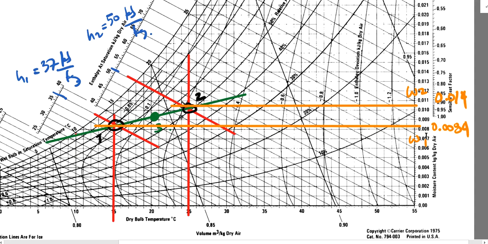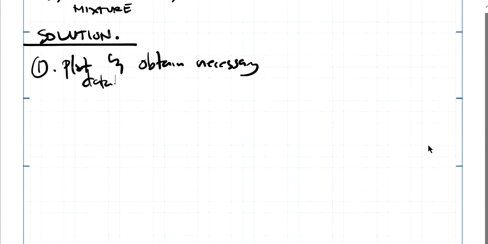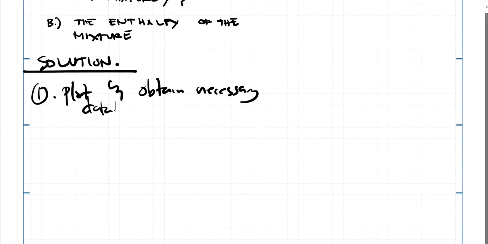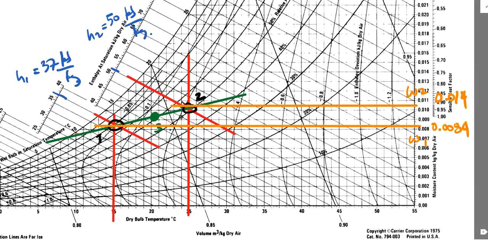To find the moisture content and the enthalpy at point 3, we'll use the equation. So H1, H2, 0.014.